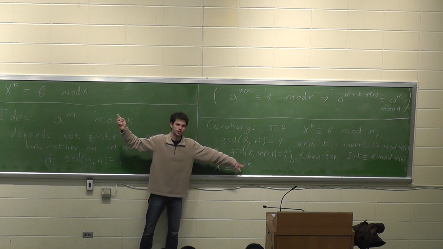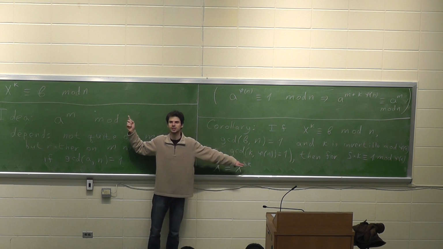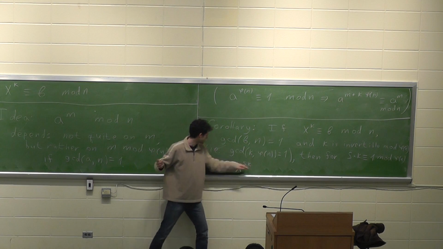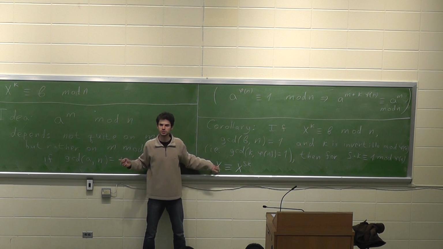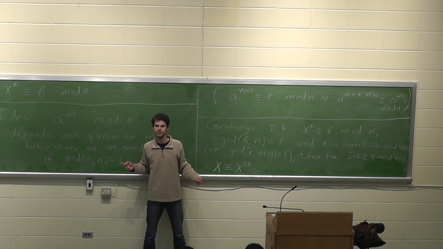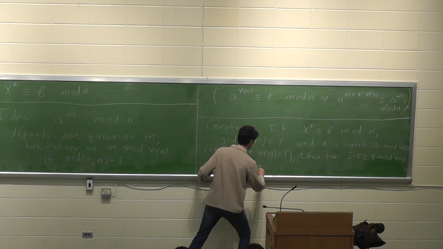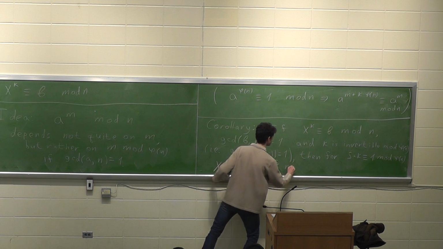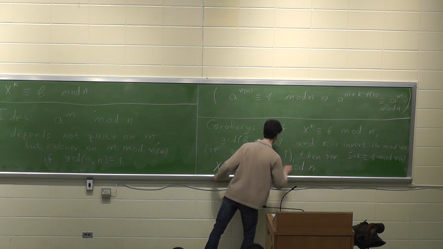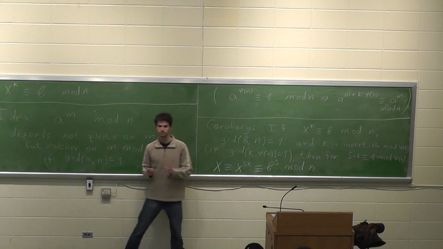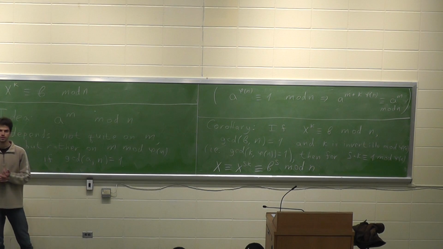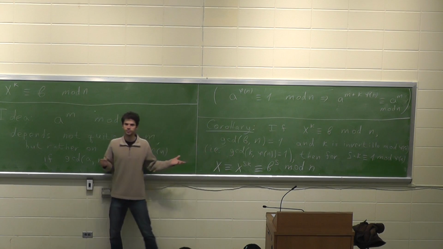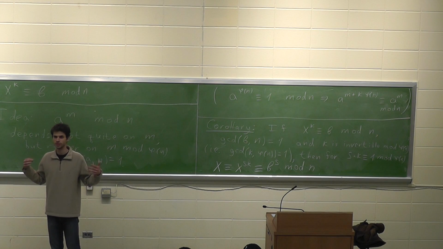If you want to raise x to some power, you don't have to know this power exactly. All you have to know is the remainder once you divide by phi of n. The remainder of sk is the same as 1, so x is the same as x to the power sk modulo n. And this is just b to the power s modulo n. So that's a corollary about extracting k-th roots.